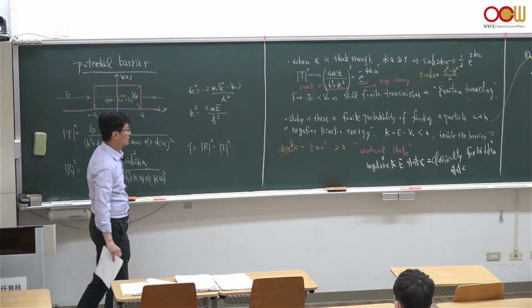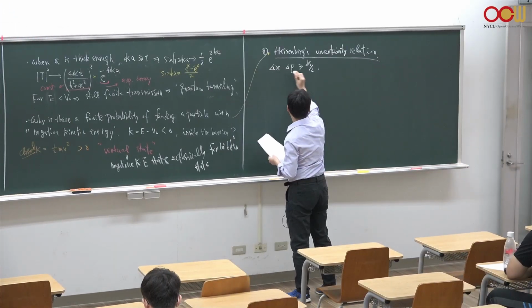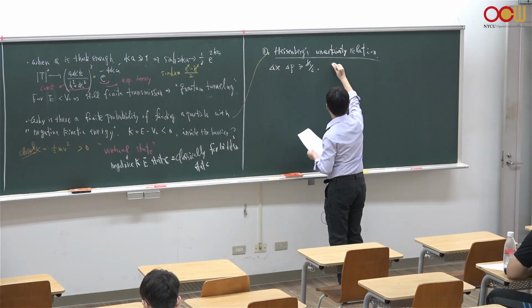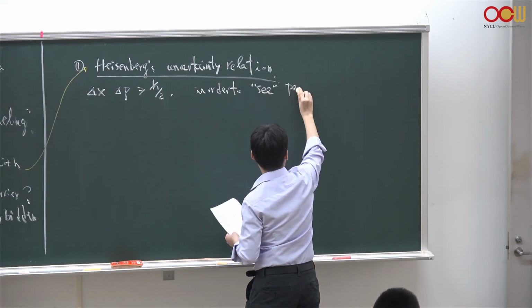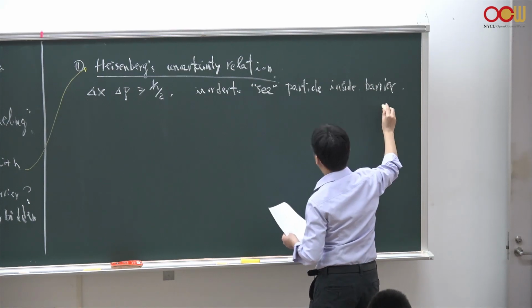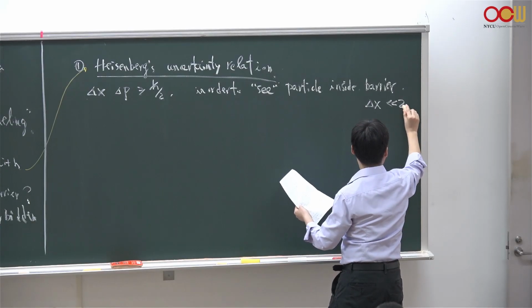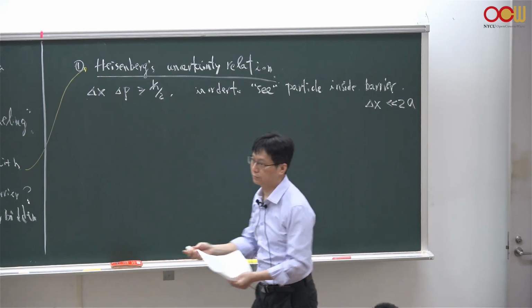The error bar of this experimental machine in determining delta x, in order to see the particle inside the barrier, delta x must be much smaller than 2a, the width of the barrier, right?